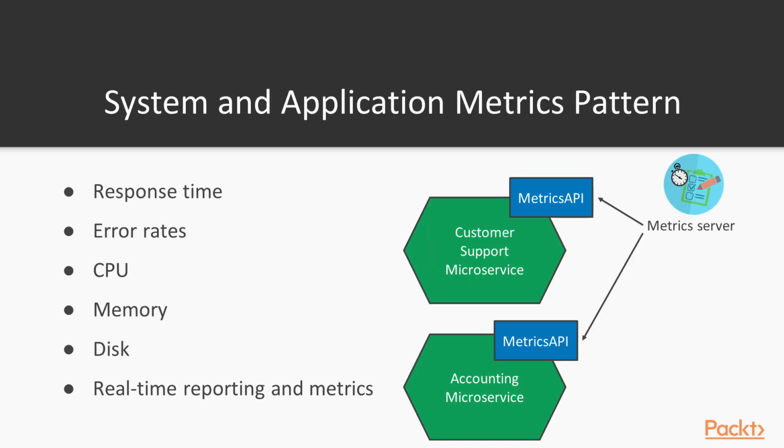In the open source world, for example, the Prometheus service periodically polls a URL in order to retrieve some metrics. Some of the metrics could be response time, such as the latency, or error rates, such as the 4xx, 5xx HTTP error codes that occur per second. We could also look at metrics such as the CPU usage and the memory, so low memory indicating, for example, that we are about to have an issue, either a slowdown or a system crash.